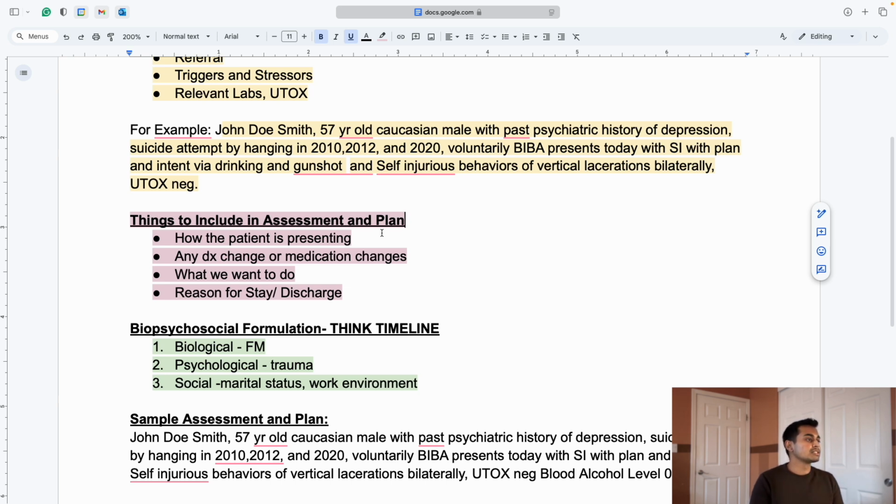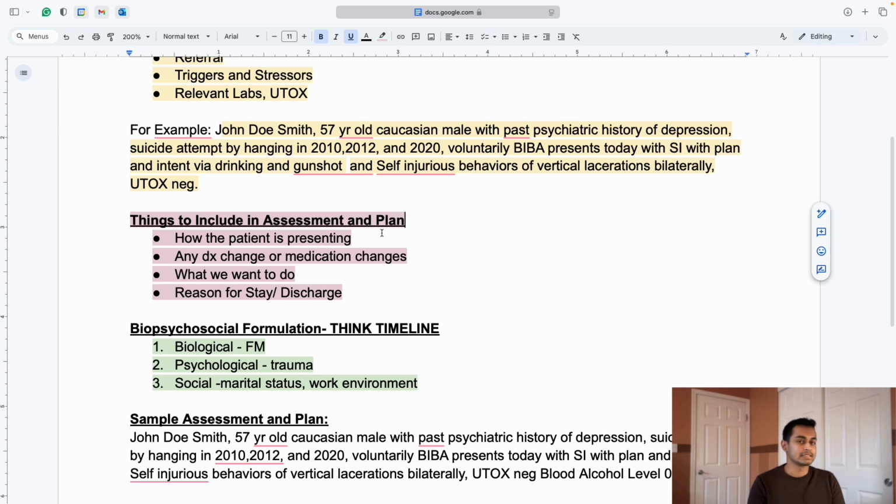All right, so things to include in general in our assessment and plan. These are the things that I found must-haves that will create a good foundation or skeleton for your assessment and plan. First thing is how the patient is presenting. Are they dysphoric? Are they mood congruent? Are they mood incongruent?